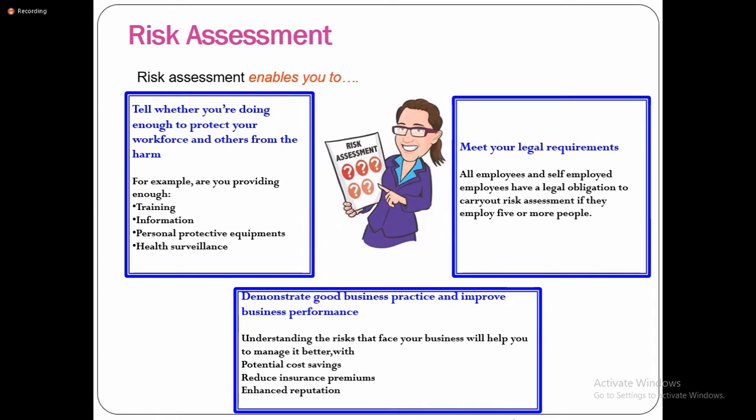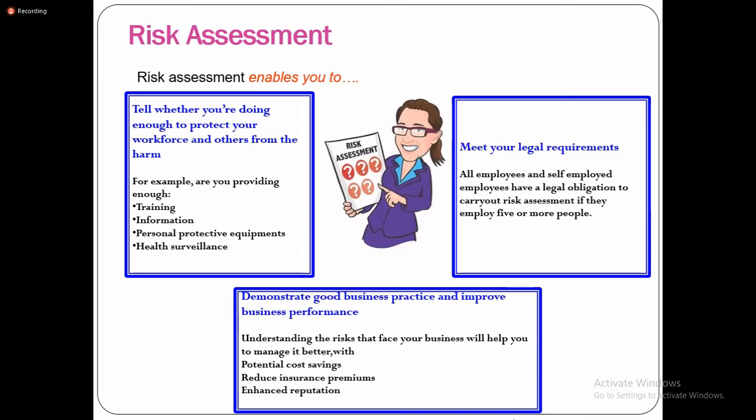Legal requirements, right? Next, demonstrate good business practice and improve business performance. It shows good practice. When you have the risk assessments in place, you identify the risk and then you take the controls. From that, it will avoid any surprises.